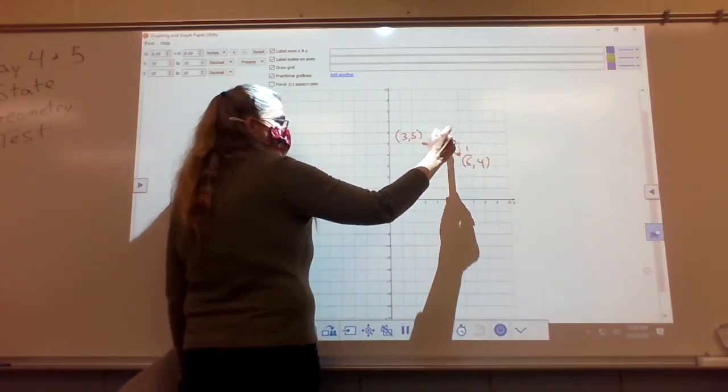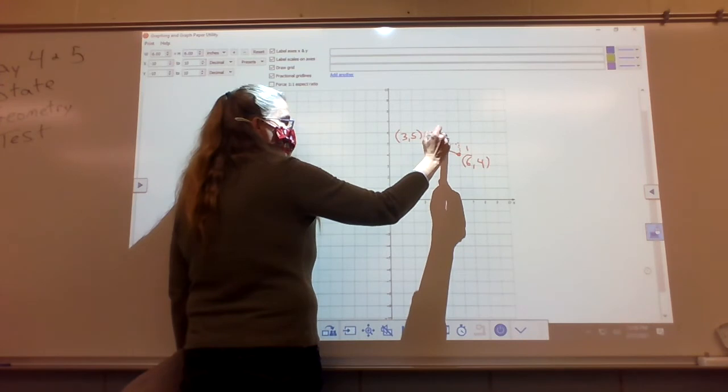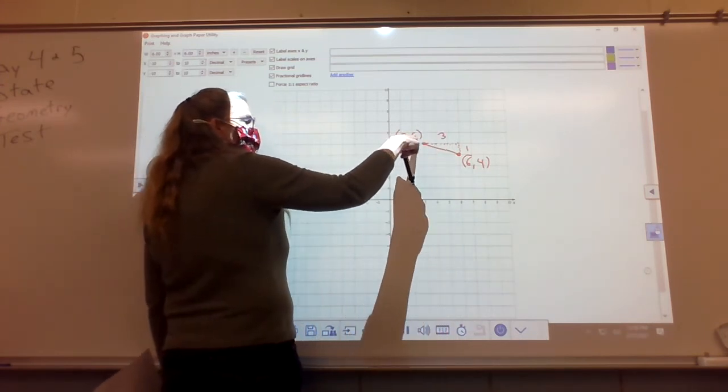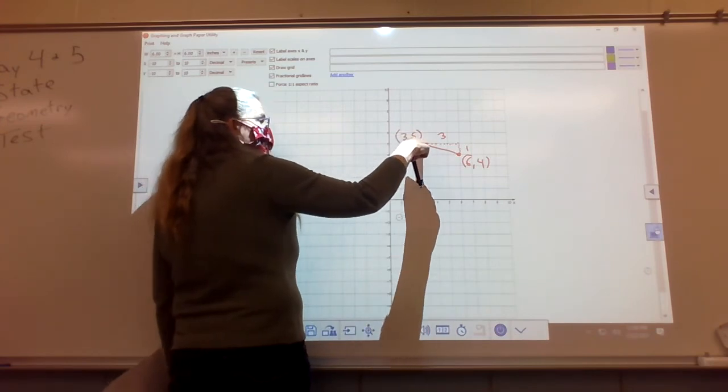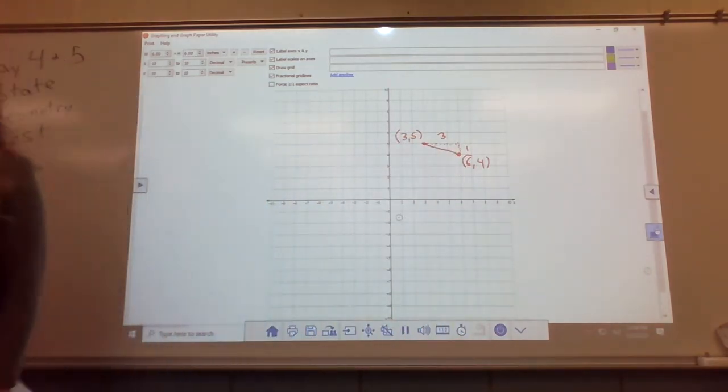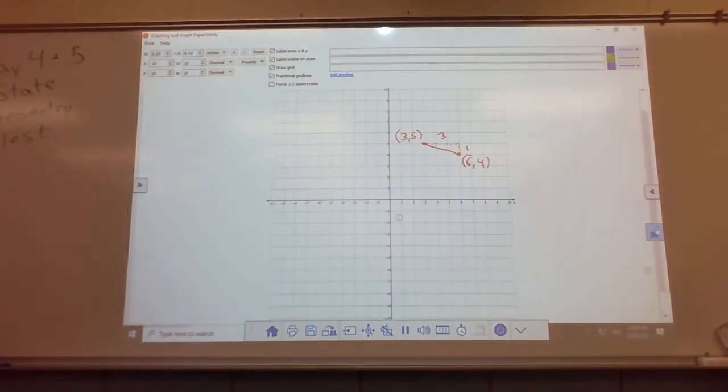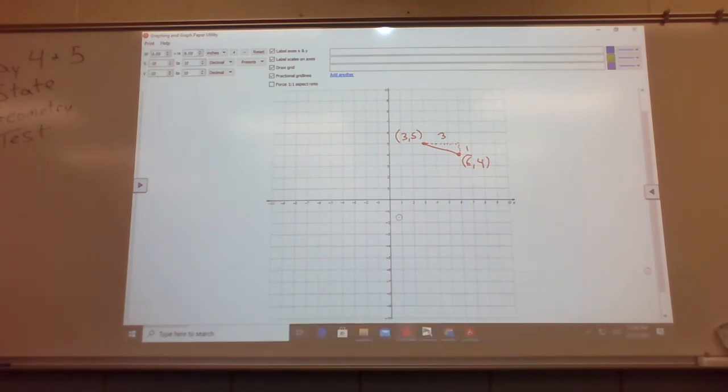This side of the right triangle would be 1, 2, 3, which came from the 3 and the 6. So the difference between the 3 and the 6 is 3. It's almost like we're finding slope, but we're using that to get the two sides of the triangle.